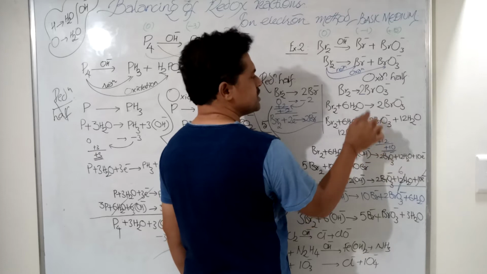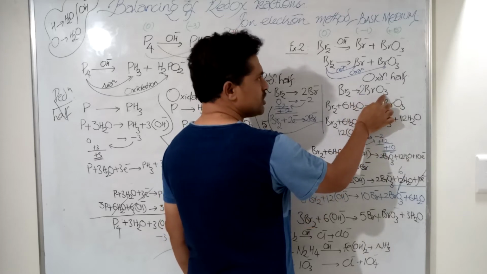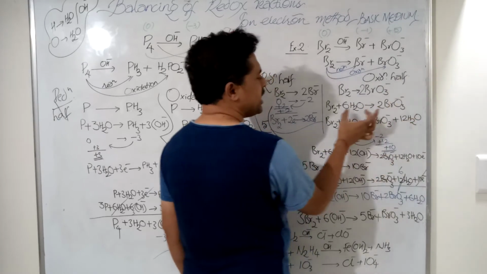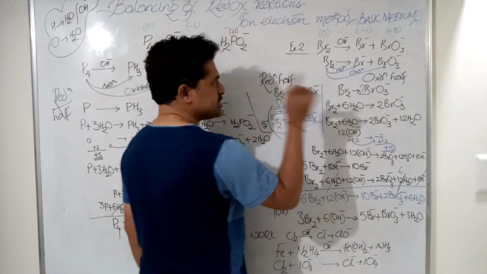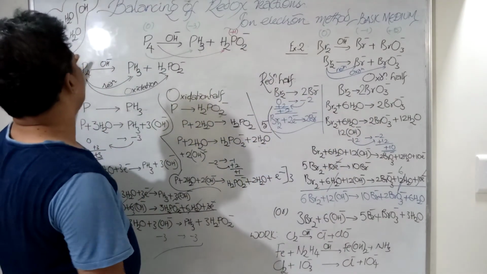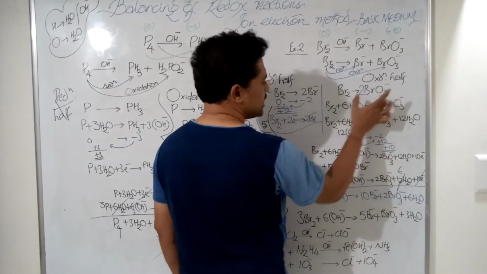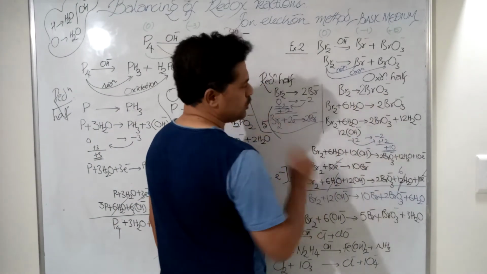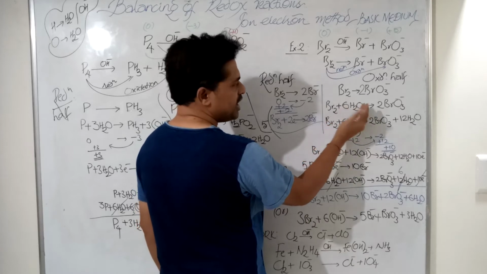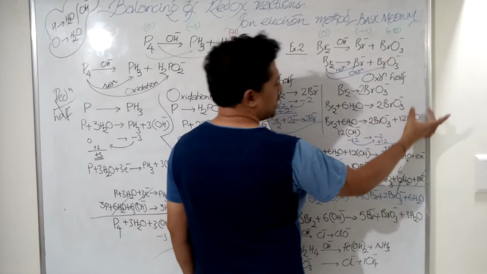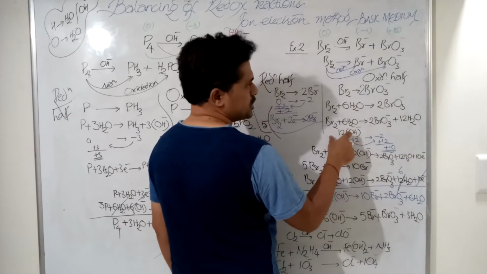Next step, oxygens. 2, 3, just 6 oxygens are at the right hand side. So we are taking here 6H2O. Okay, now oxygens balancing always same line. If oxygens are less, we need to add water. So 6 oxygens right hand side, 6 water. Now hydrogens. 12 hydrogens are there left hand side. So you are keeping here 12 water, opposite side 12 OH minus.